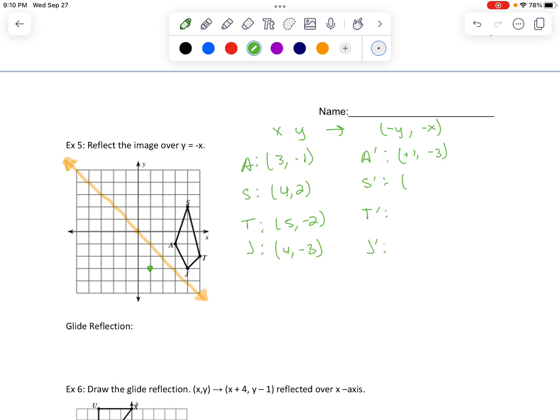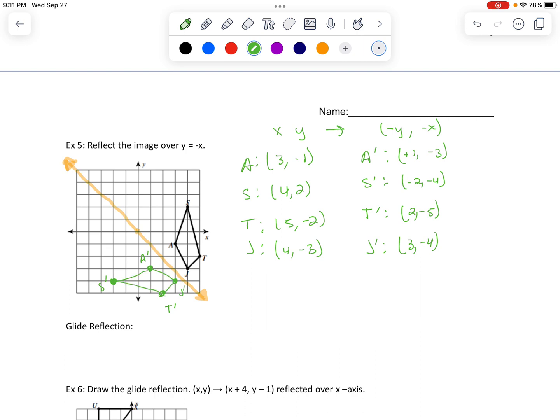So S prime is now (negative 2, negative 4). T prime is (positive 2, negative 5). I should be marking my coordinates there with labels, sorry. And J prime is now (positive 3, negative 4). And I connect.